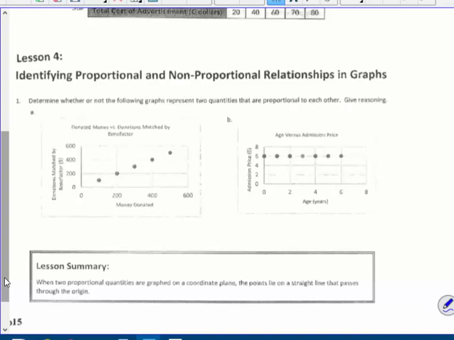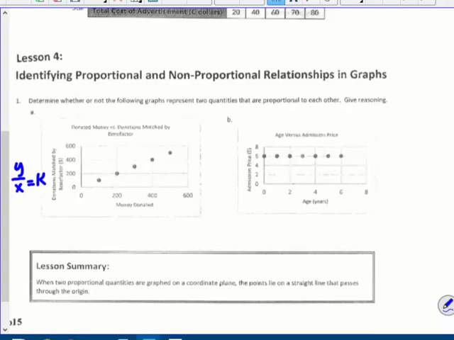Yesterday we did tables, today we're doing graphs. Number 1. Determine whether or not the following graphs represent two quantities that are proportional to each other. Give a reason. Okay, well, we have to know that our y divided by x is always a constant.